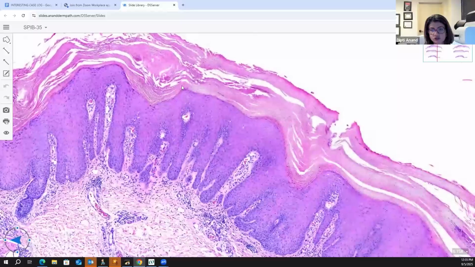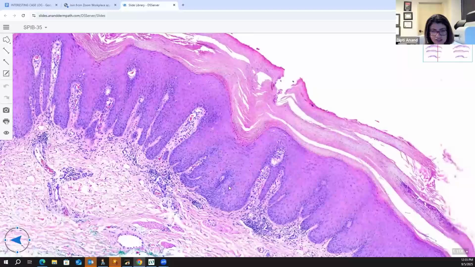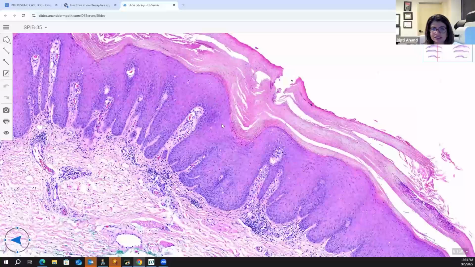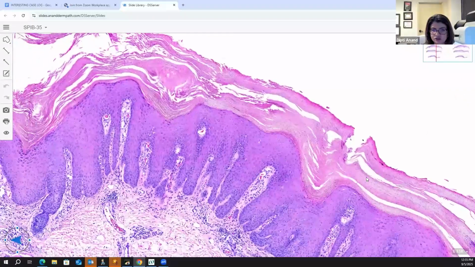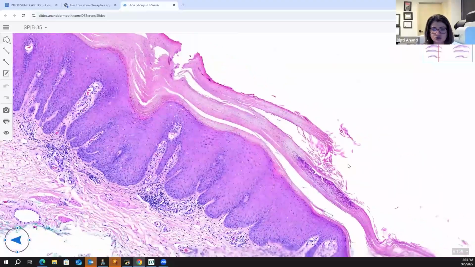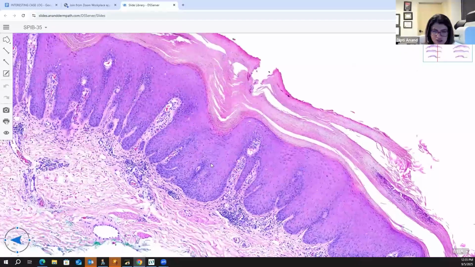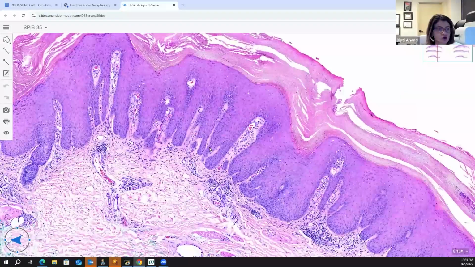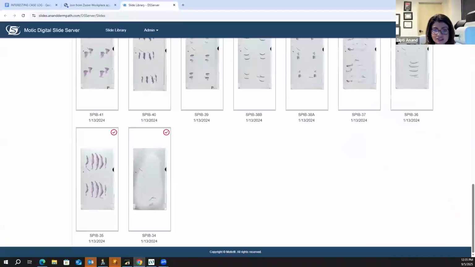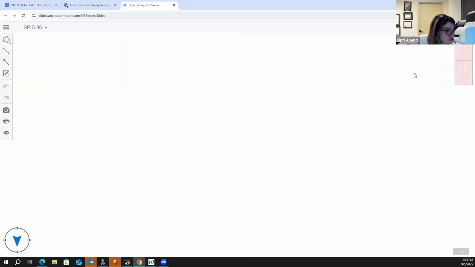But overall, you can see that these are the classic features of psoriasis. As you described, the bulbous hyperplasia, the suprapapillary thinning, the dilated vessels, the hyperparakeratosis, the neutrophils. And you can see the nice Munro's microabscesses with the loss of granular cell layer. So this is a verruciform plaque of psoriasis. Good job. If you get this, then you will never be able to miss psoriasis.